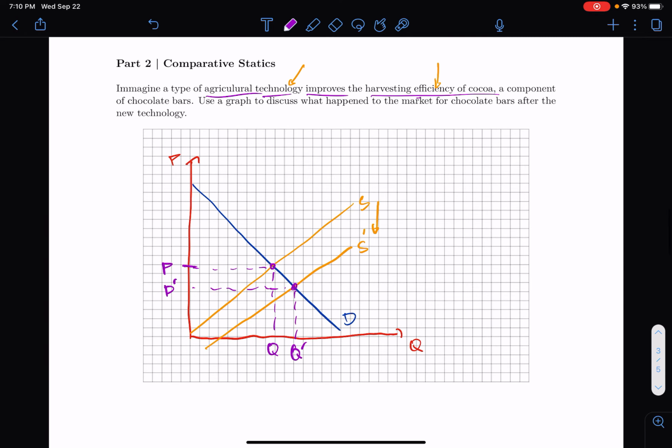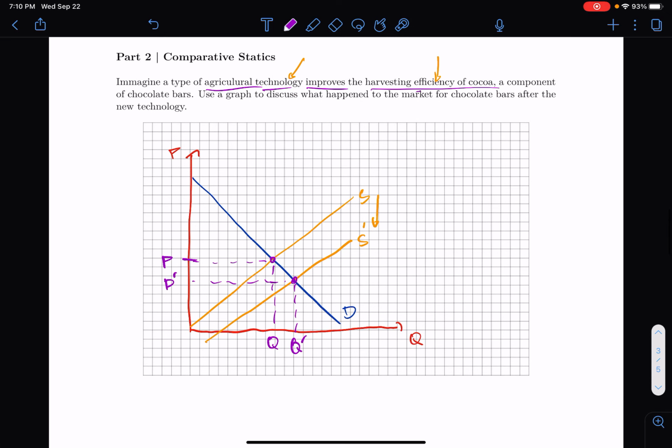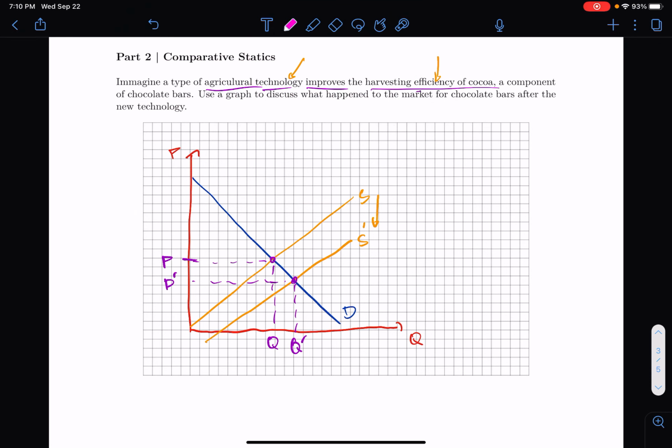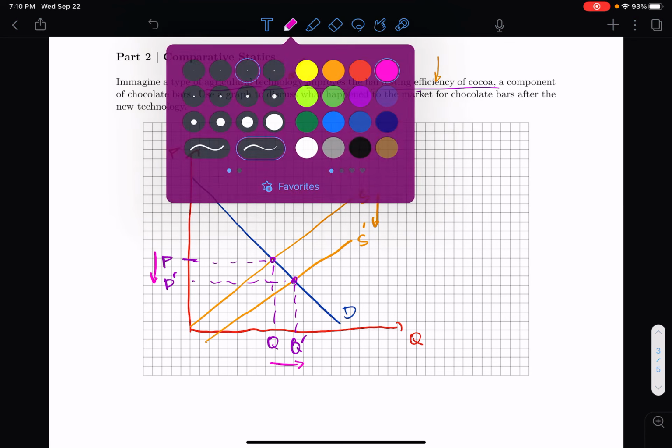Okay. So here's our graph. Let's use some arrows here just to make clear what the direction is. We see price is decreasing and quantity is increasing. So we could just write this out.